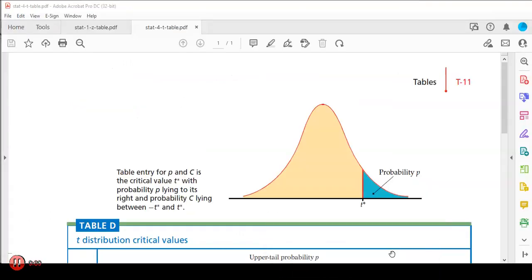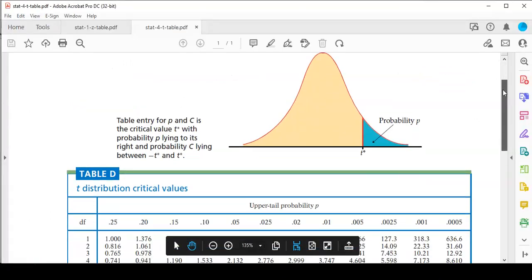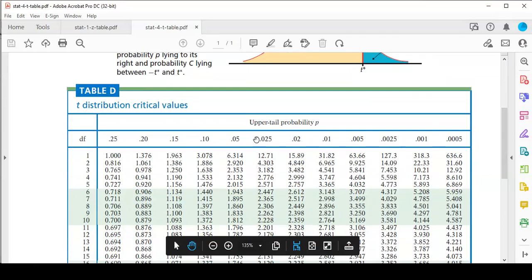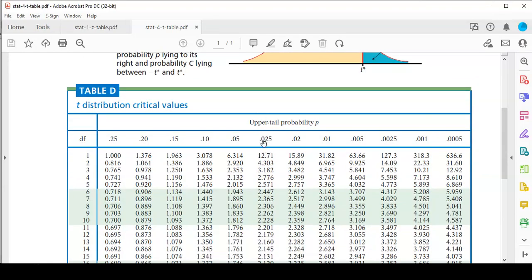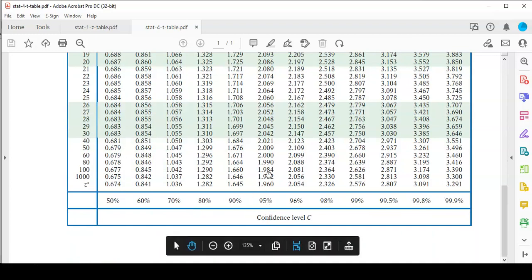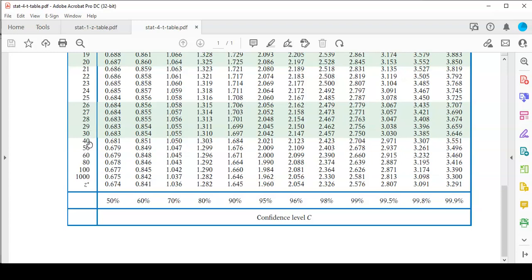And that could be a bit of a problem because if you look at the t-table, you want this 2.5%, which corresponds to 95%. Look at the degree of freedom. We have 30 and then jump over to 40. So how do you deal with 37?